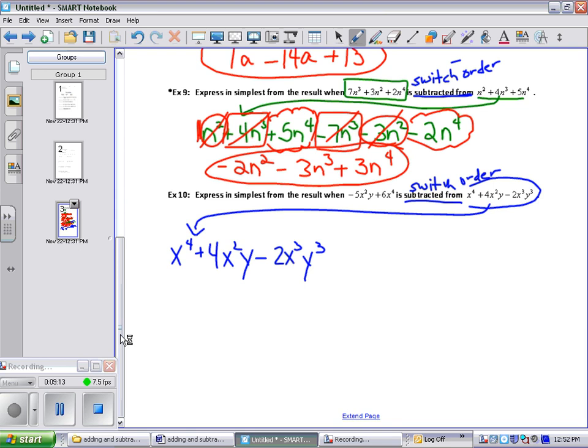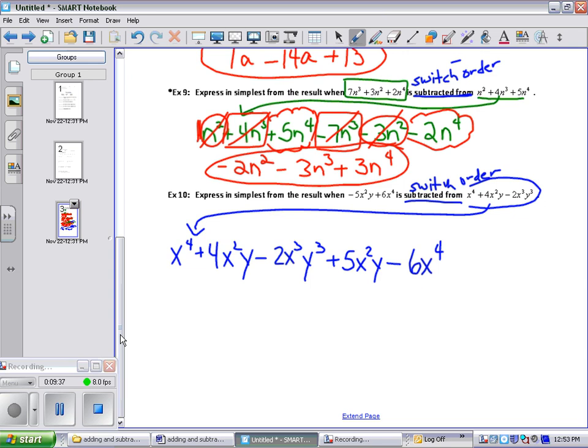Now this is the tricky part. Remember, we don't do anything to our first part of the problem. We do change our second part. So if this is a -5, it's going to become a +5x squared y. If that's a +6, it becomes a -6x to the fourth.